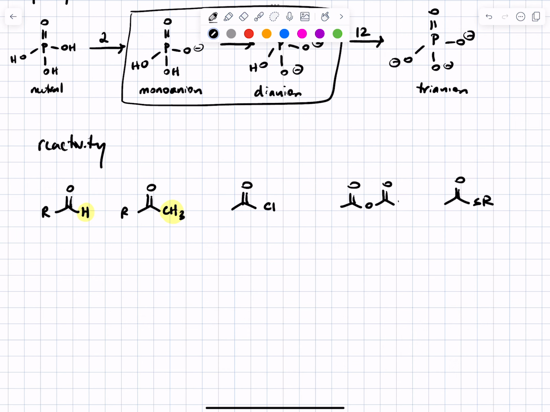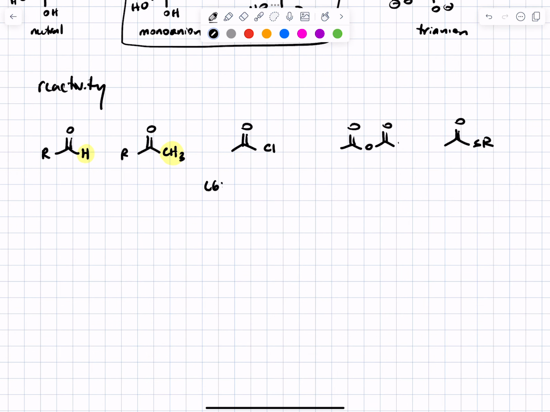And you can recognize these as good reactive carbonyl compounds because the things highlighted in yellow are good leaving groups. And we knew that they were good leaving groups because once they left, you could see that their conjugate acids were fairly strong acids.